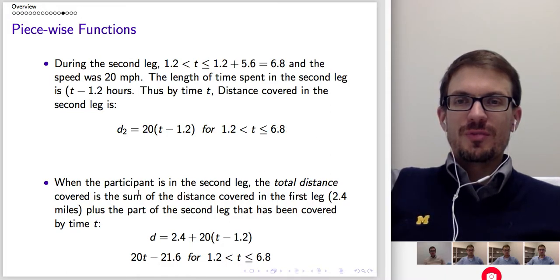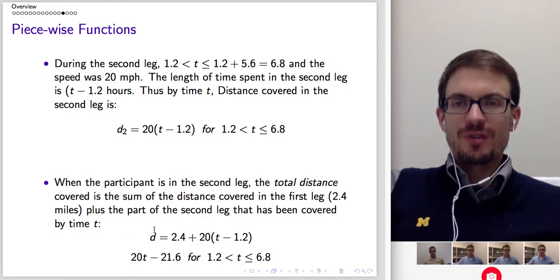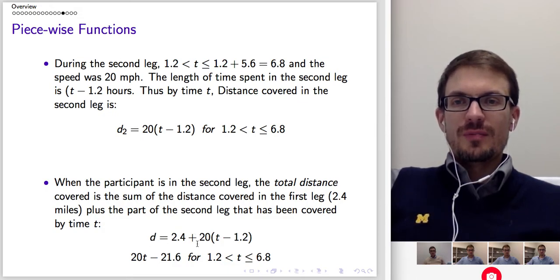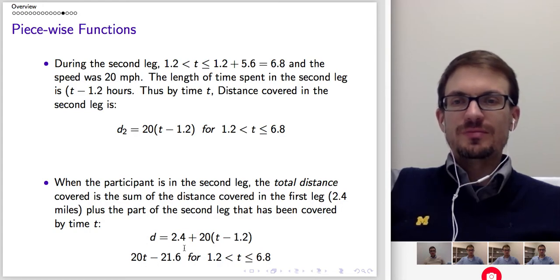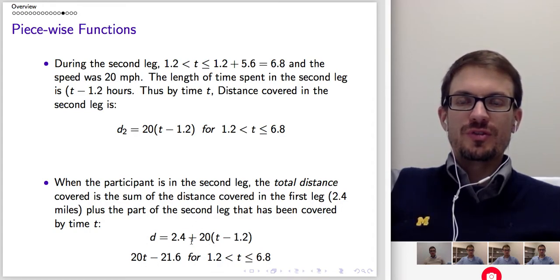After 6.8, they are on the third leg. When the participant is in the second leg, the total distance covered is the sum of the distance covered in the first leg, 2.4 miles, plus the part of the second leg that has been covered by time t. So 2.4 plus 20 times t minus 1.2.